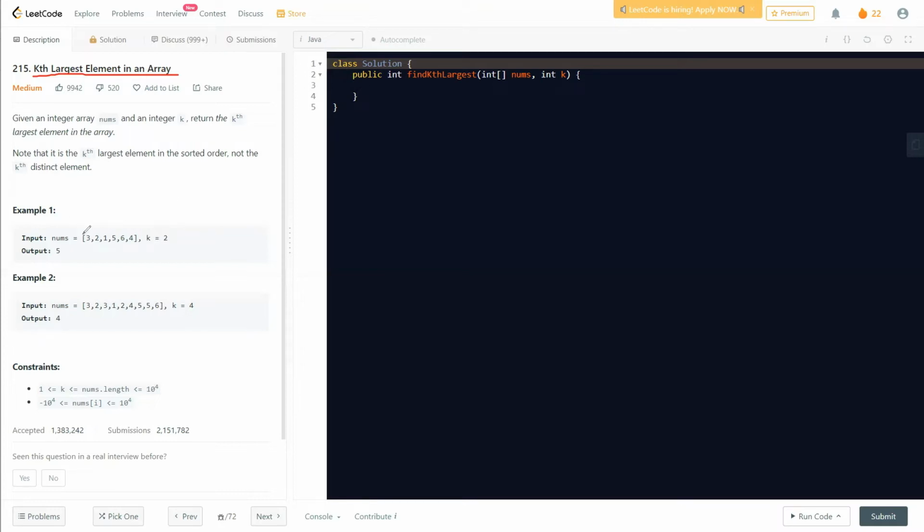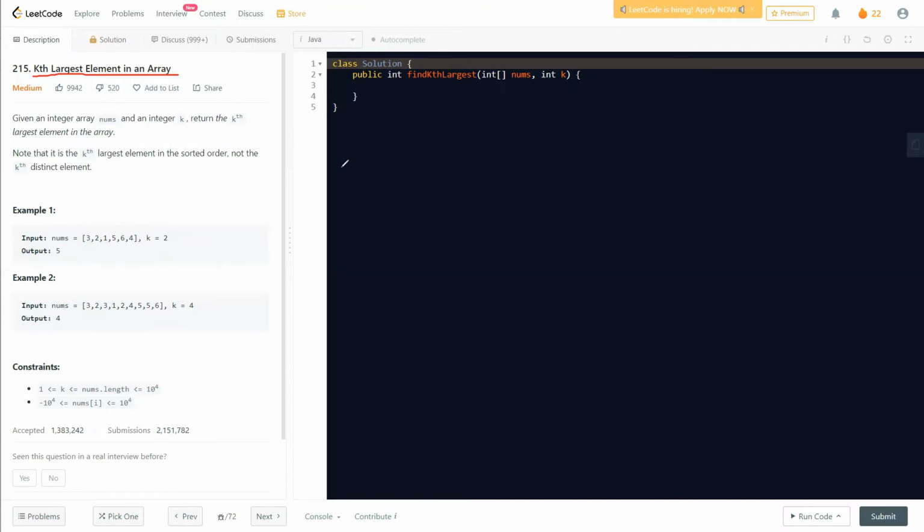The third way to solve this problem is basically using another algorithm, that is the quick select algorithm. In this video I will explain the quick select algorithm in detail and how we can go ahead with this particular algorithm. And ultimately, we'll see how this algorithm ends up being better for us.